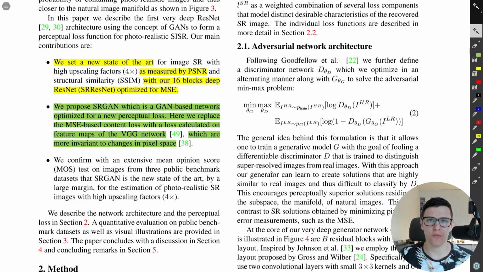They run the image through VGG 19, just a VGG network, and they compute the features that the VGG comes up with from this image. And then they want the feature representation of the image to be the same as the high resolution image that we send into VGG as well.